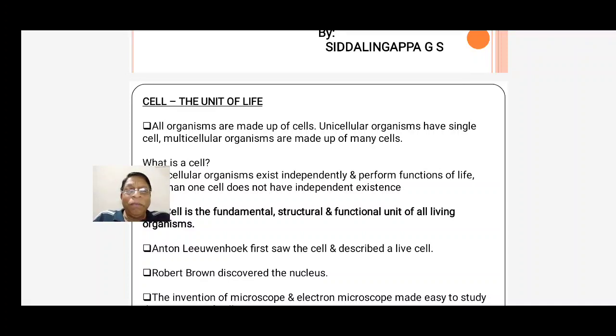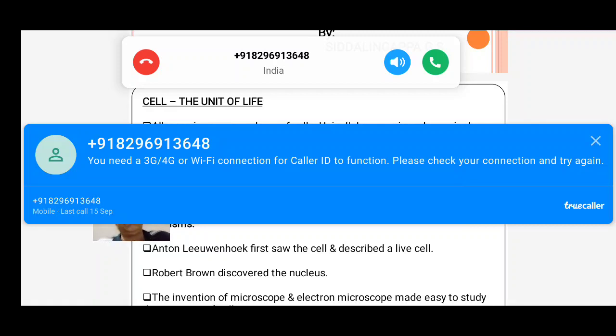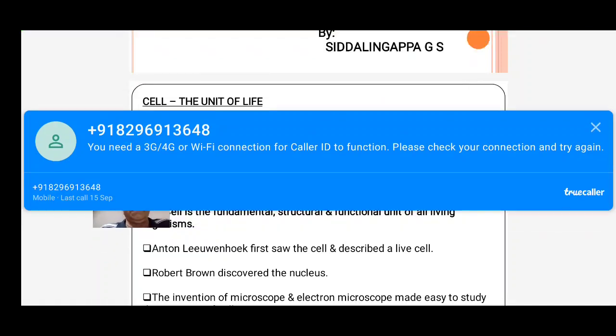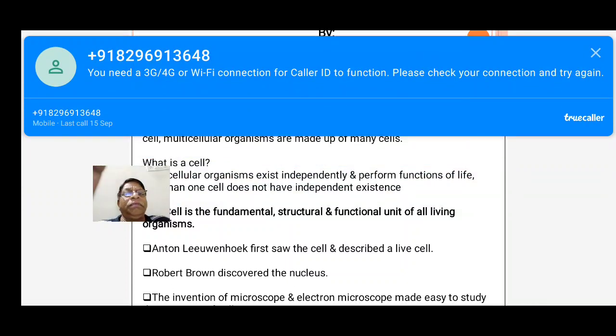Functional unit means all living organisms show metabolic activities. These metabolic activities take place only in the cell.